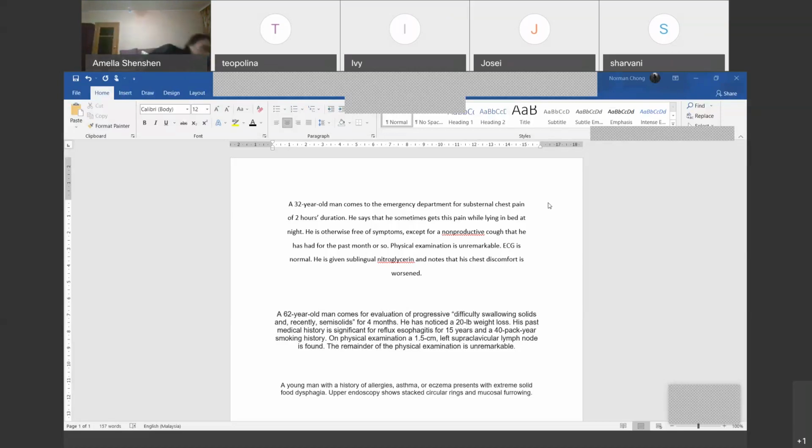What can that tell you? Chest pain at night. Angina-like pain at night. Anybody?